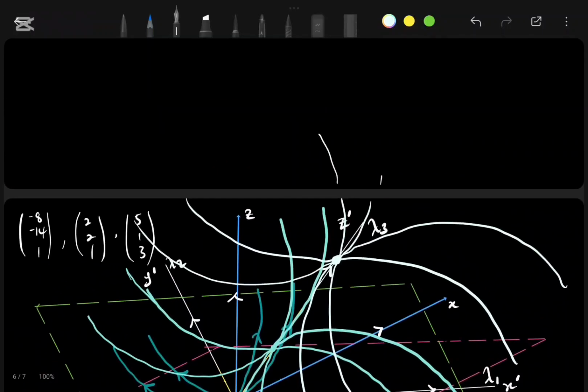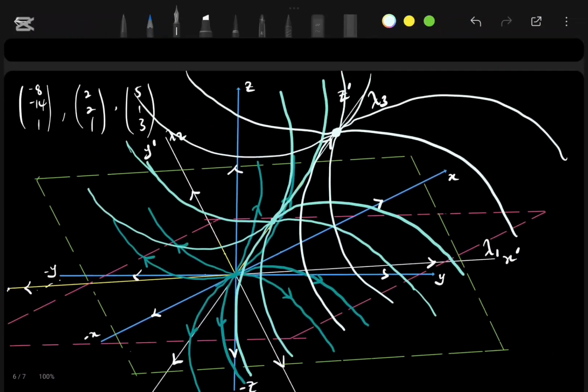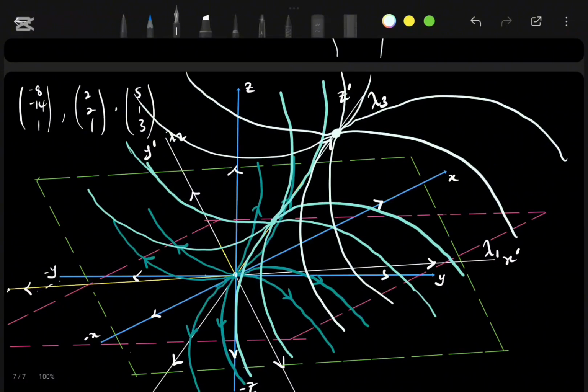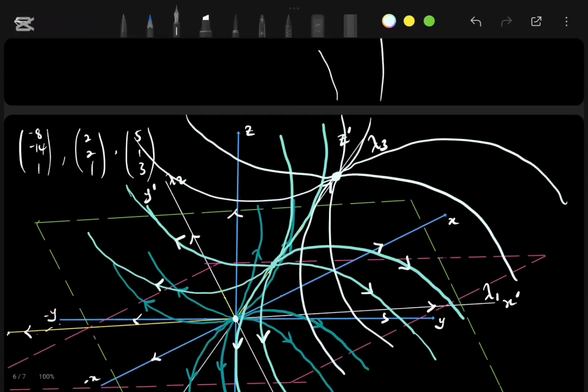So somewhere here. See that as our solution moves from this point to this point, it becomes bigger. And with each one of them, you're supposed to indicate to show that they are going out from the origin. So as they climb up, they move out of the origin.